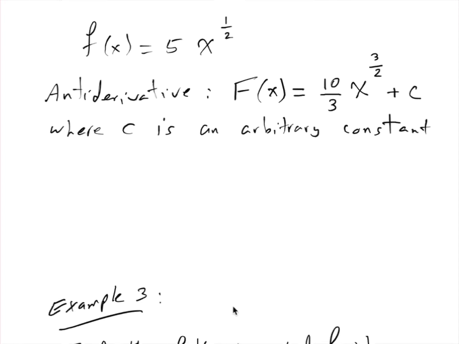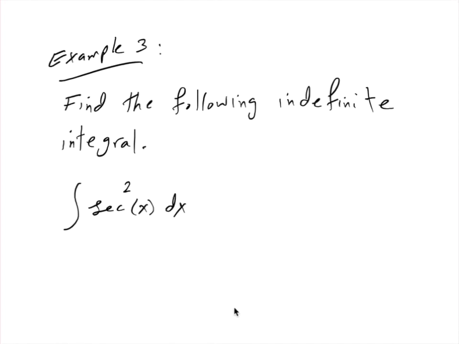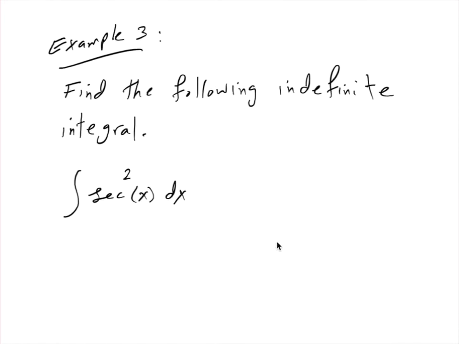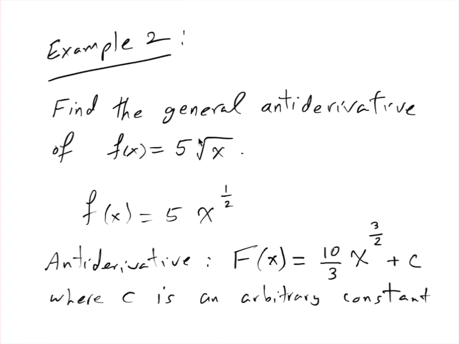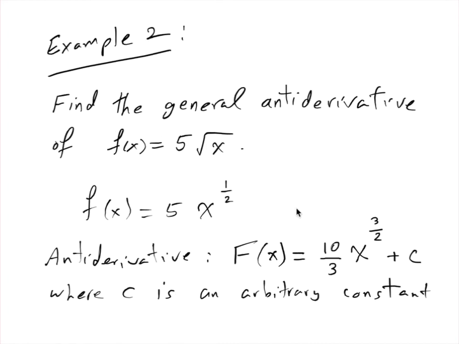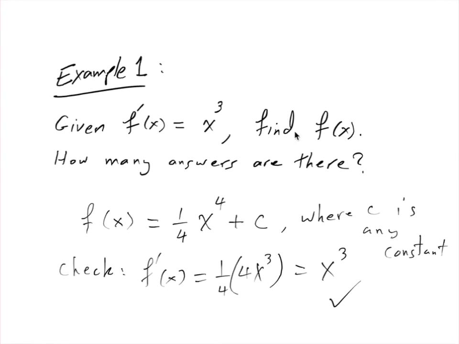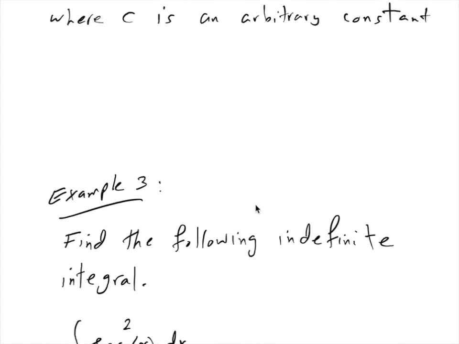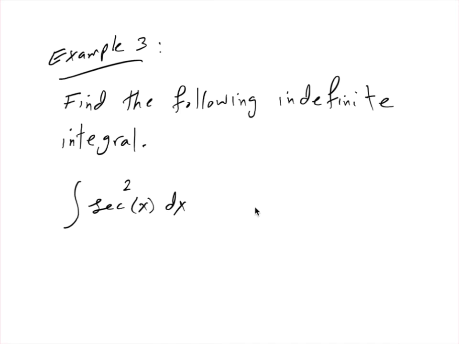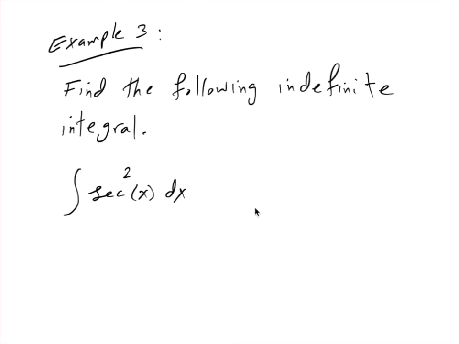Let's look at another example. Now, these are different ways of asking the same question. Going back to these two problems, it was one way to ask the same question. Here was another way. I am using these different ways so you become familiar with the notation.